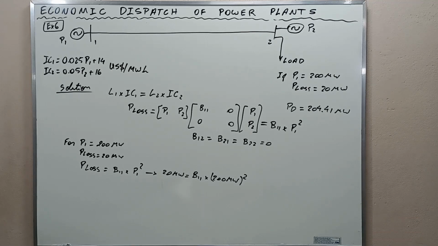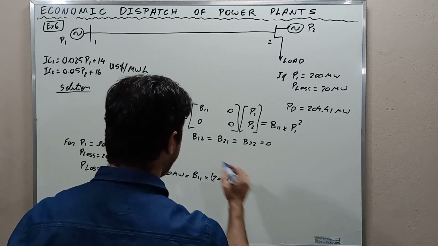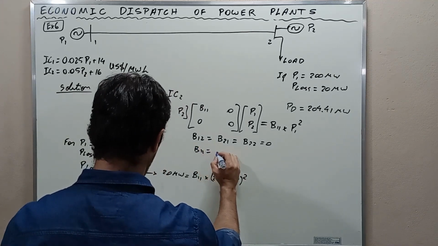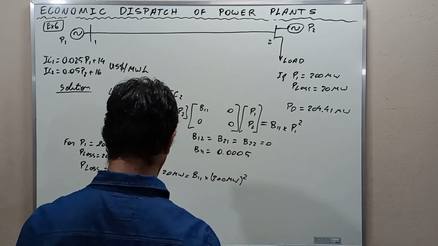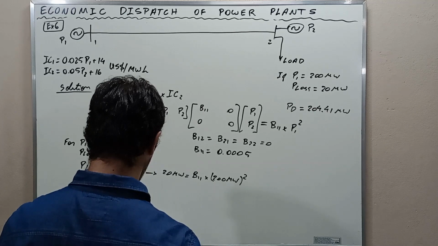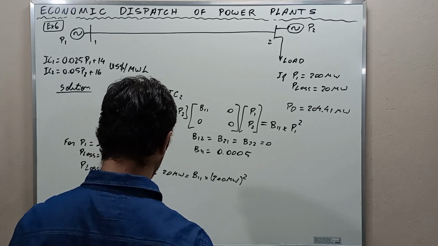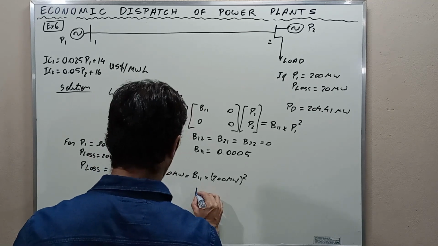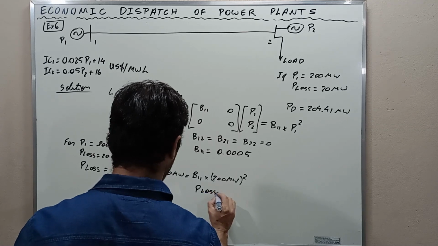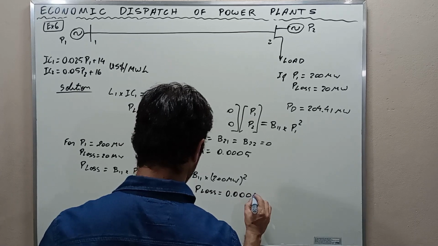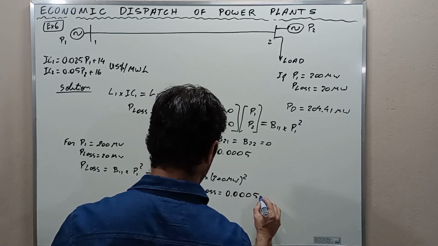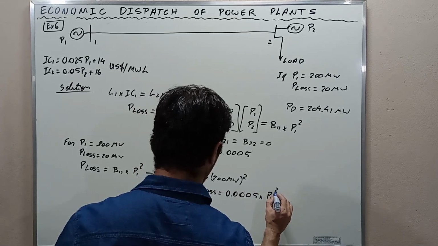And in this way, we find that B11 is equal to 0.0005, and P losses equal to 0.0005 times P1 squared.